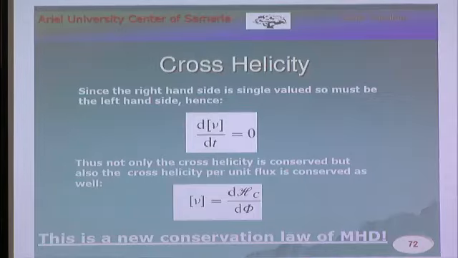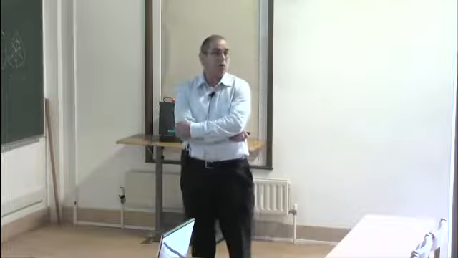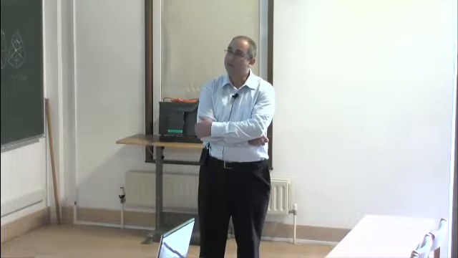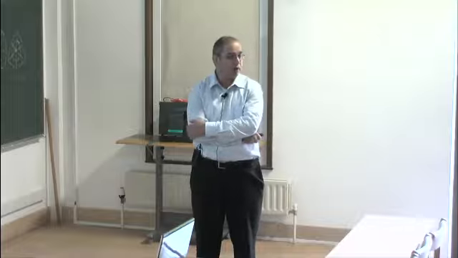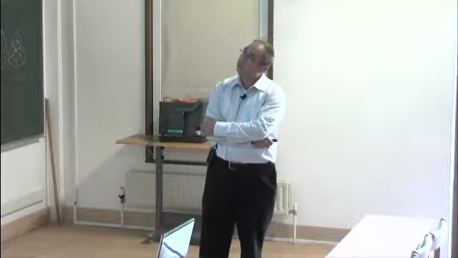So this is like a new conservation law of MHD. Let me conclude. That's not really a conclusion, because I'm going to show an analytical example after that. But let's summarize.